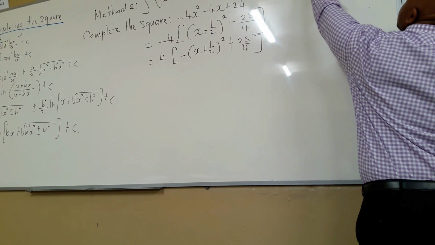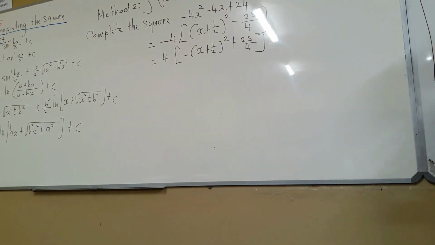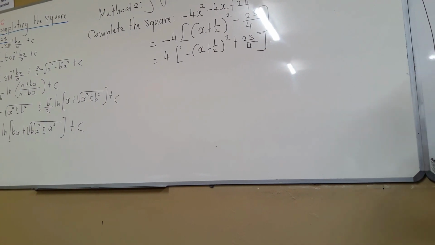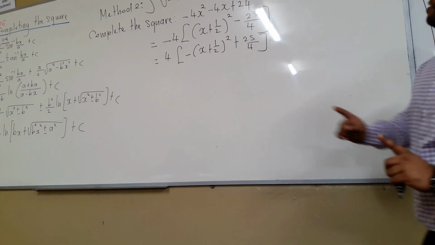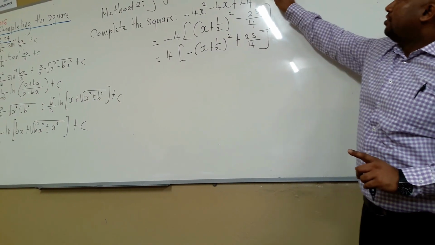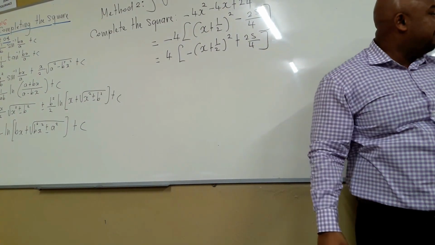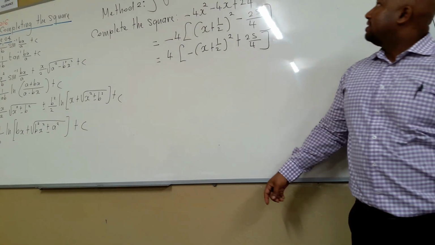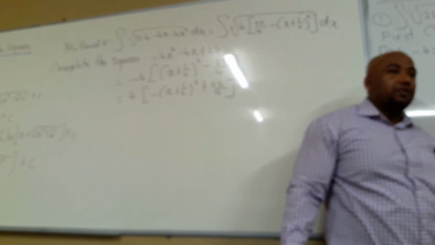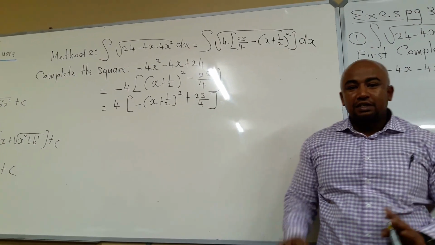Close brackets. Alright, I just swapped the terms around, that doesn't change. But what's different now? The only difference is I did not multiply the 4. If I multiply the 4, 4 and 4 cancel, I'll have my 25. There's my 25. Here, 4 times the minus 1 will be minus 4. Can you see that? So, this is a different technique.